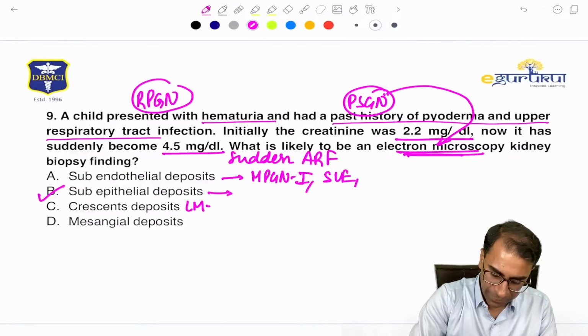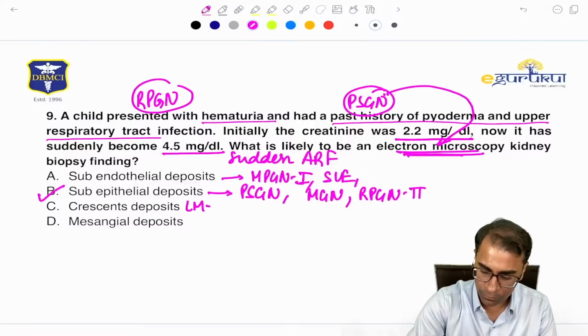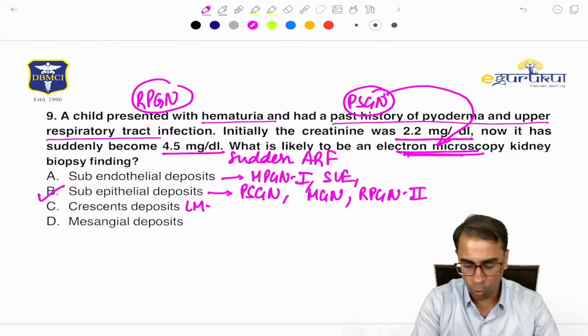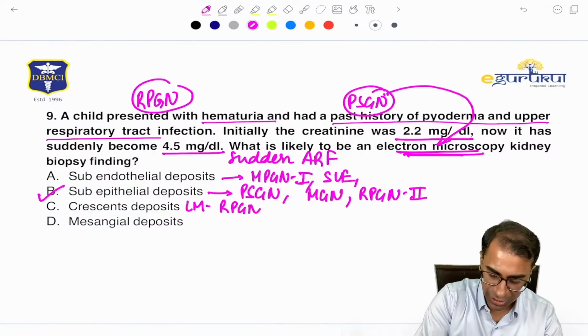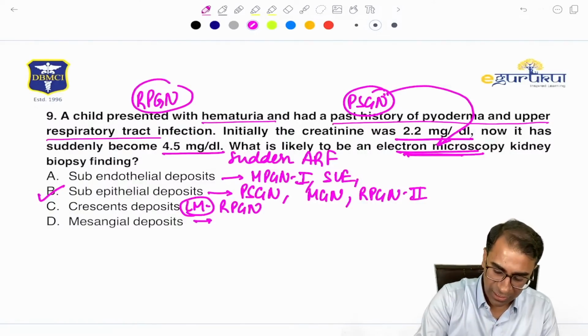Subepithelial deposition can be seen in PSGN, in MGN, and in RPGN type 2. Crescents are seen only in RPGN, but it's a light microscopy finding.